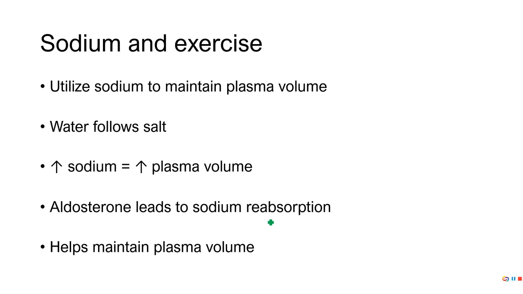Now, it's important to know that the renin-angiotensin-aldosterone system will be activated during exercise because our baroreceptors reset to a higher pressure. It's kind of like changing the thermostat. You might normally keep your thermostat at 68 in the summer, so that if it gets to 69, the air conditioner comes on.